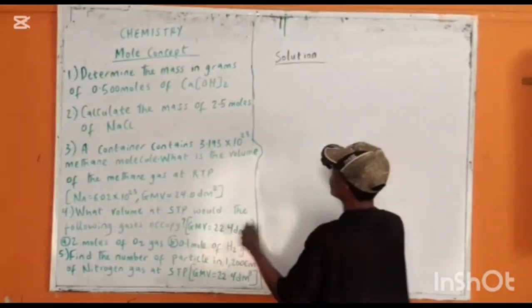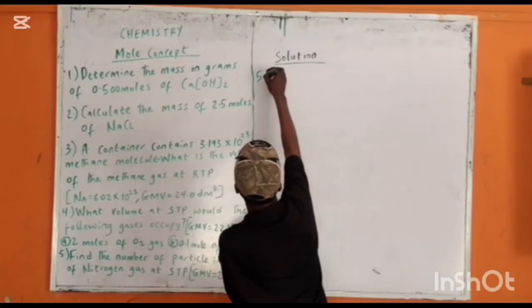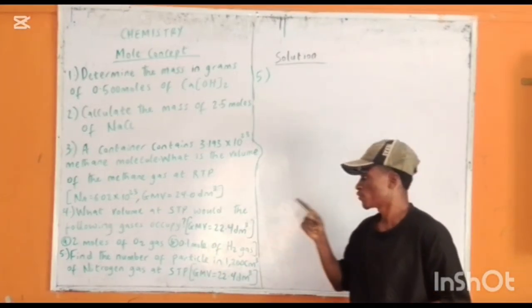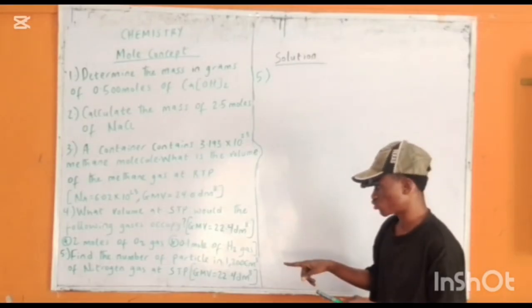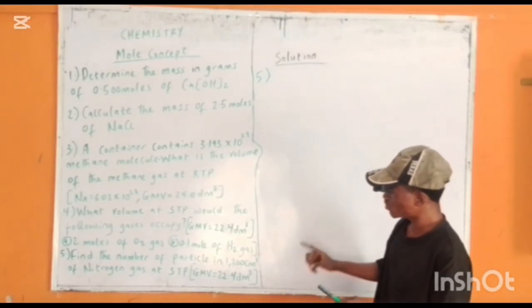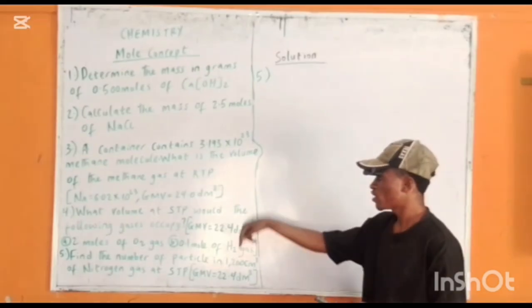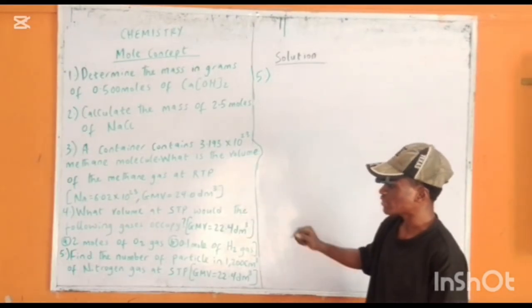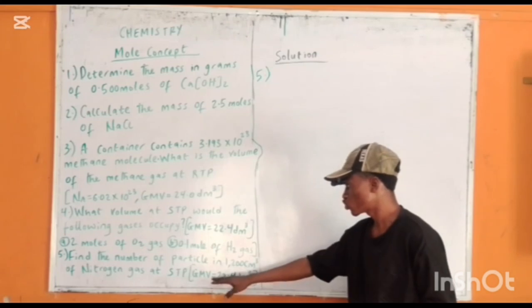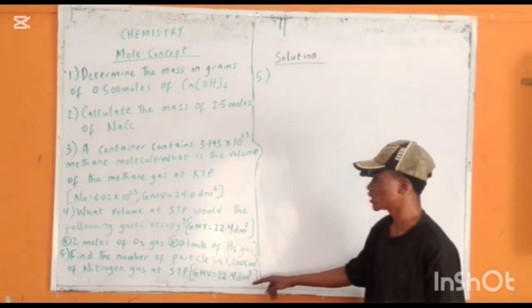Now for number 5. Number 5 says find the number of particles in 1200 cm cube of nitrogen gas at STP, given molar volume equals 22.4 dm cube.